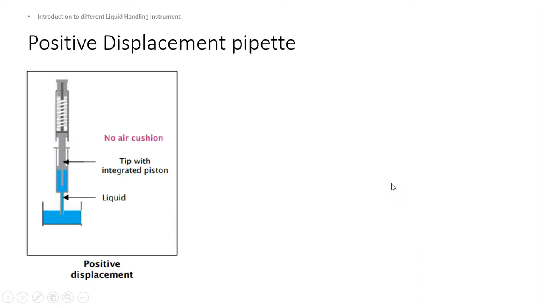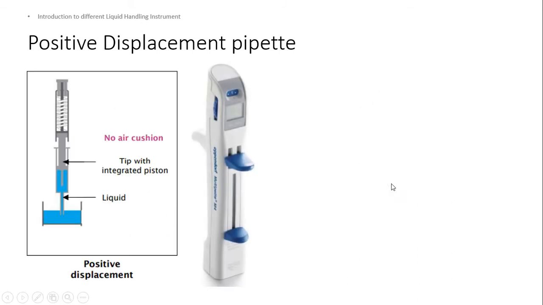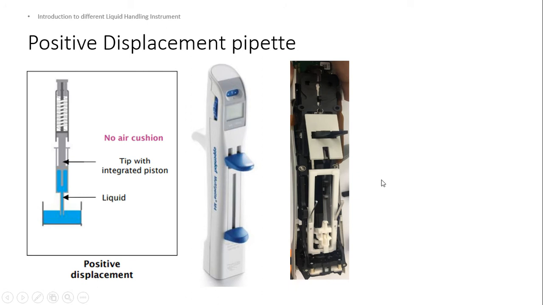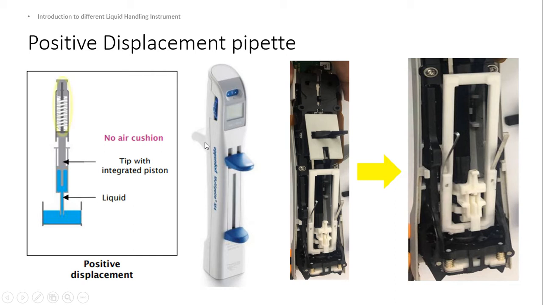If we take a closer look, we can strip this positive displacement pipette and compare the schematic to the actual one. You can see a black rod which has a direct attachment to the pipette tip.